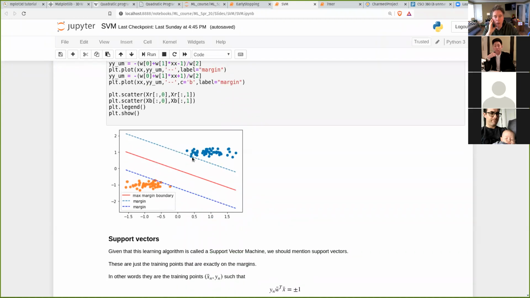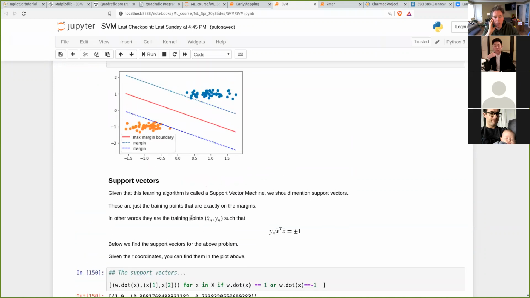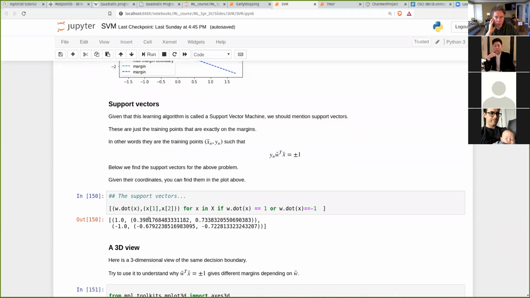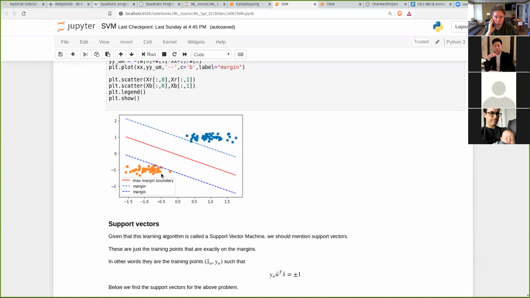There are 2 support vectors here, one there and one there. On the positive side, it's like 0.4 and 0.75. So it's this guy. And on the negative side, it's minus 0.7, minus 0.7. I guess it's that one.